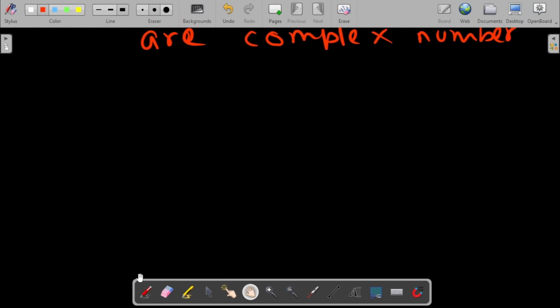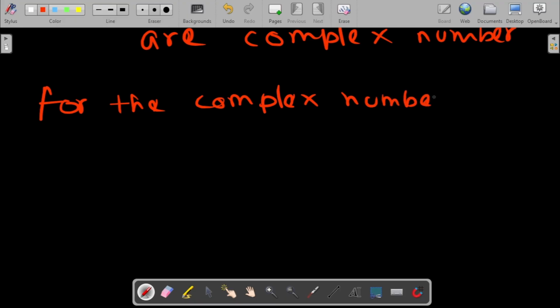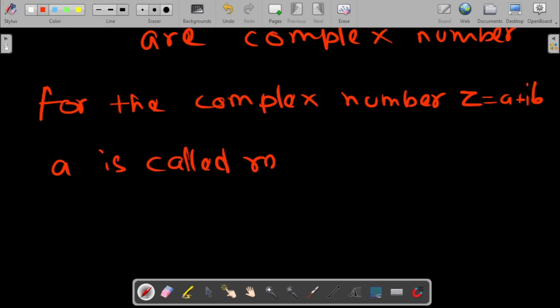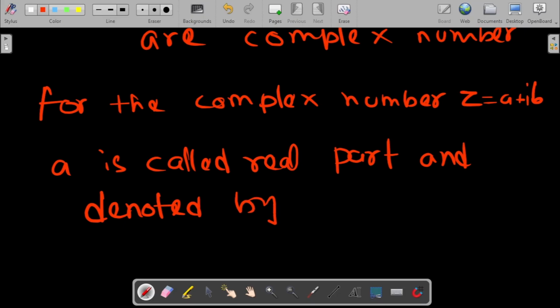For the complex number z equal to a plus ib, a is called the real part and is denoted by Re z.